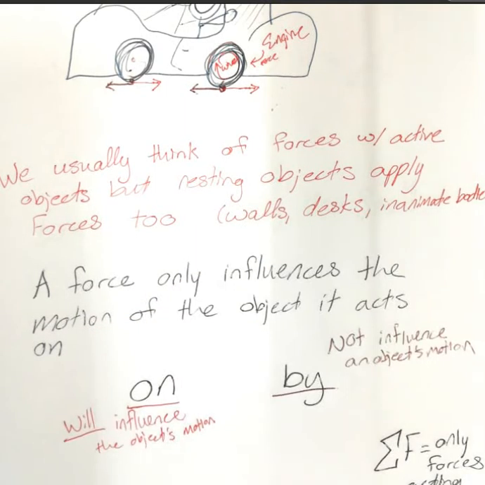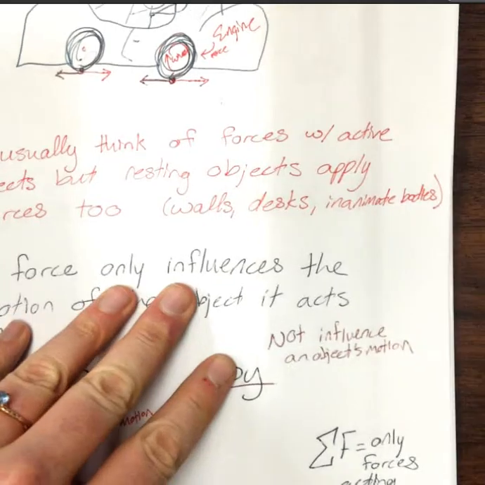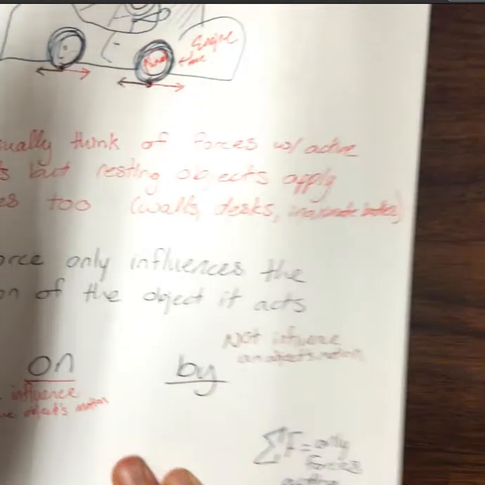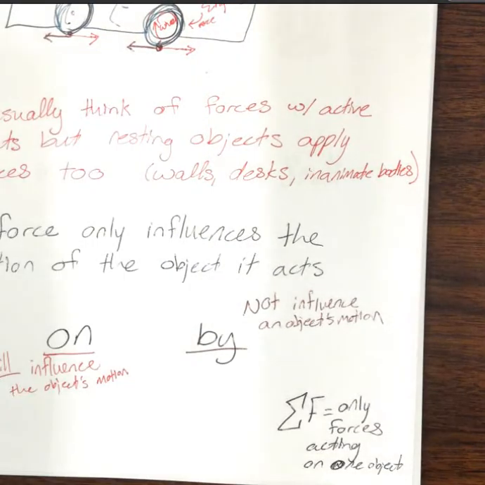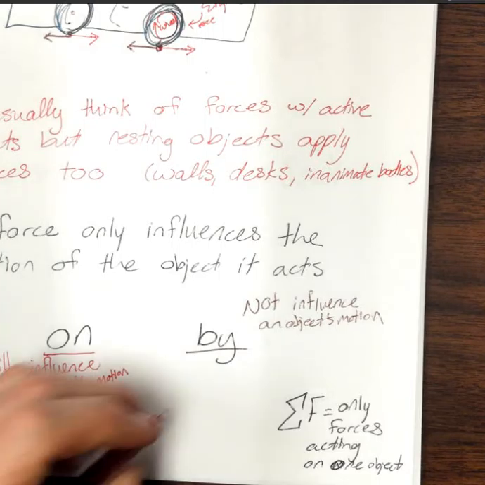This is incredibly important, because when you're deciding what forces to include in your net force, you must remember to only include the forces that are acting on an object. If you're pushing and you're the object that you're trying to determine the net force for, you will not include your pushing force.